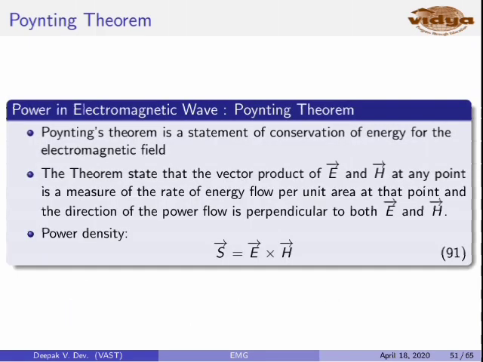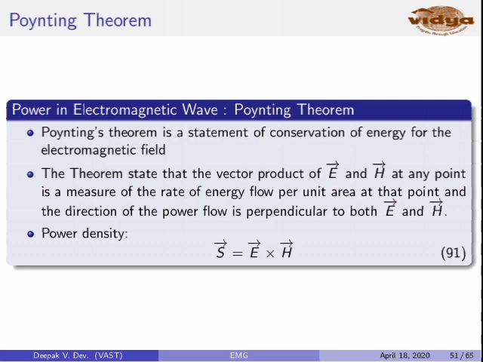From this observation, we may directly enter into Poynting theorem, and it is a statement of conservation of energy for electromagnetic field. This theorem states that the vector product of electric field and magnetic field at any point is a measure of the rate of energy flow per unit area at that point, and the direction of power flow is perpendicular to both electric and magnetic field. That is, if you take the vector product E cross H, we will get the energy flow per unit area.